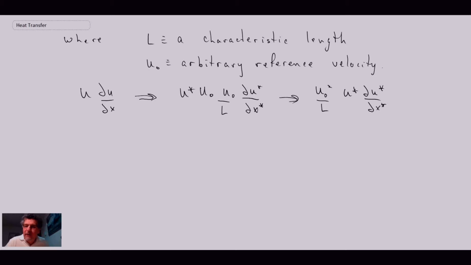If we do that for all the different terms, it will result in a new equation. I won't go through all of that, but if we take that final non-dimensionalized equation and multiply it by the Reynolds number squared, a new non-dimensional number will drop out, and that number is the Grashof number.